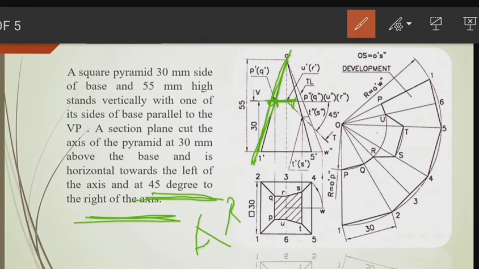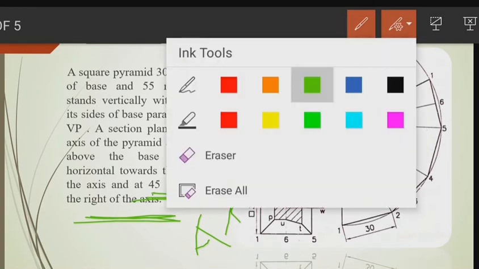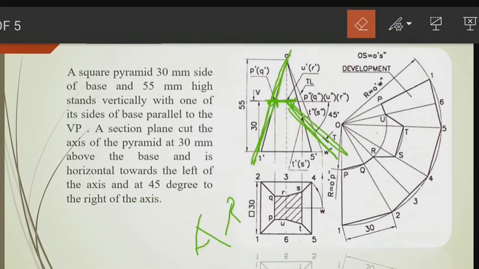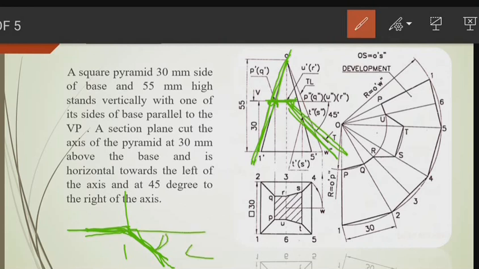From the axis it is like this shape. So you can see when I draw, it will come just like this shape. If this is an axis, then this becomes like this. So 45 degrees, here it is a 45 degree.